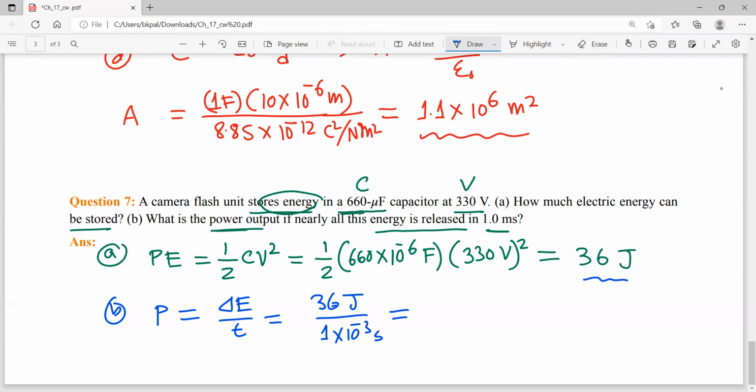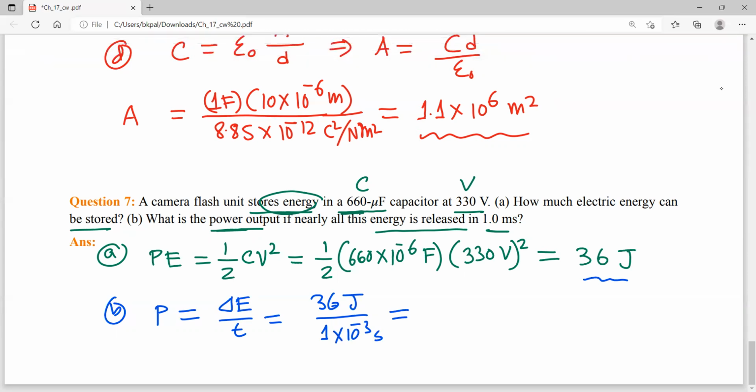If you plug this in correctly in your calculator, it should be 36,000 joule per second, or 36,000 watts. And that is the answer.